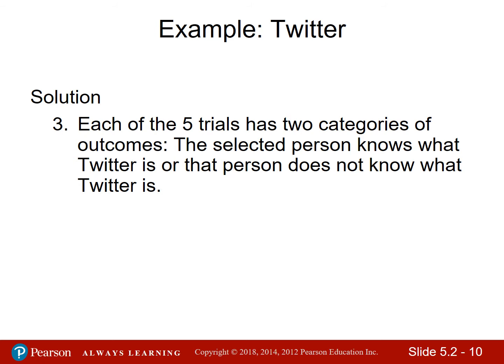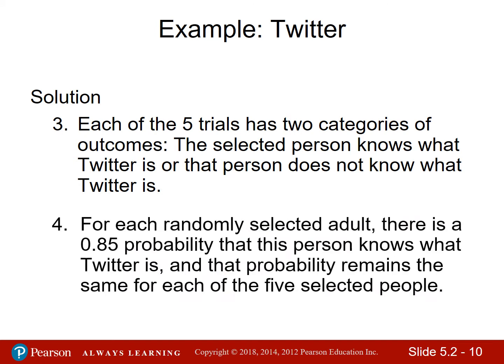You can see there is no bad or good here. Knowing today or not knowing today doesn't mean it's bad or good. Number 4, for each randomly selected adult, there is a 0.85 probability that this person knows what today is, and that probability stays the same for each of the 5 selected people.